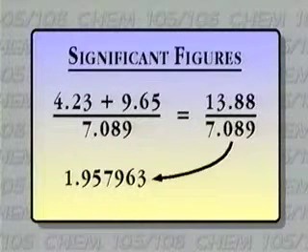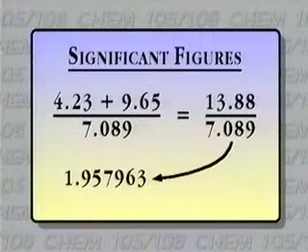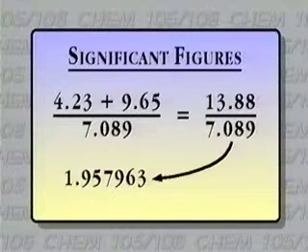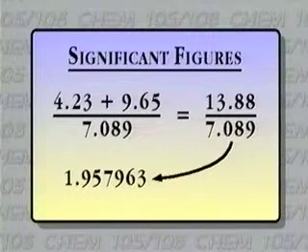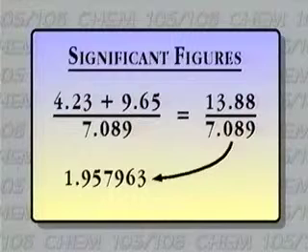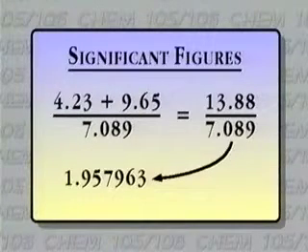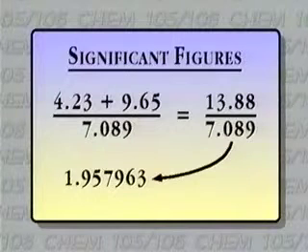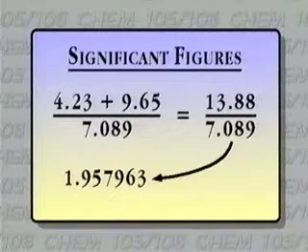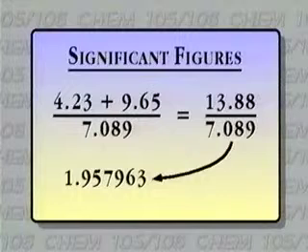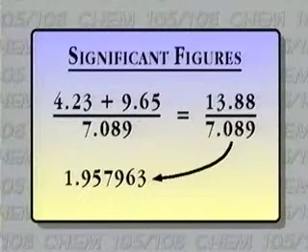And we get an answer of 1.957963 on the calculator. How many significant figures should I have in my final answer? I heard somebody say 3.